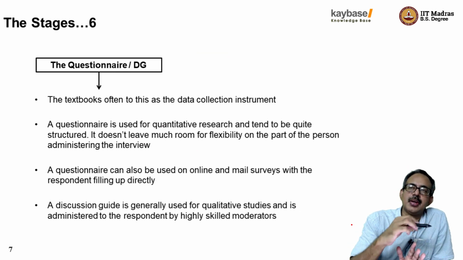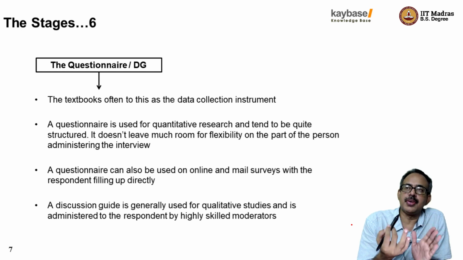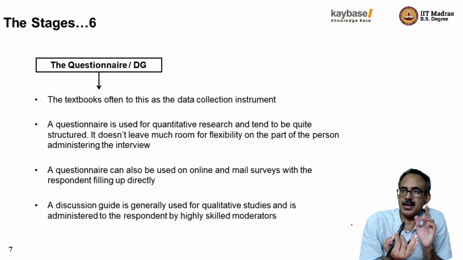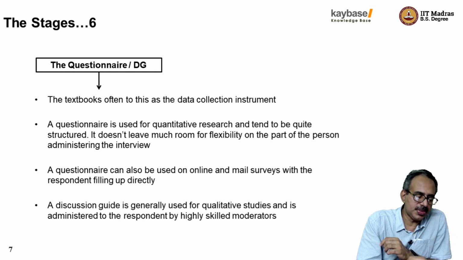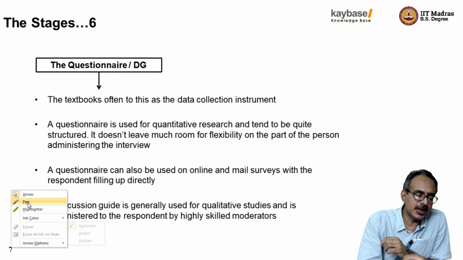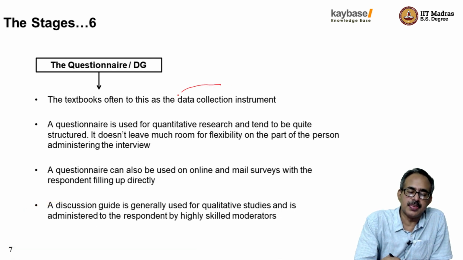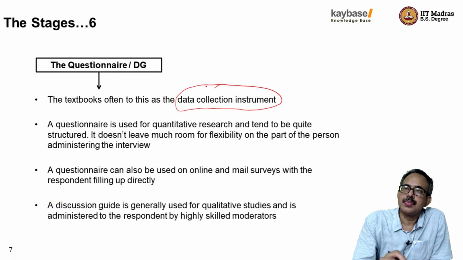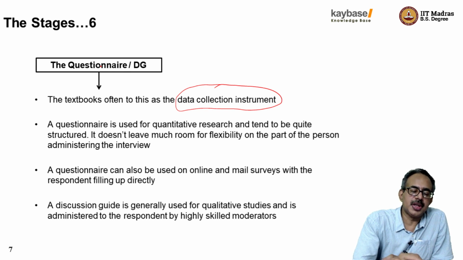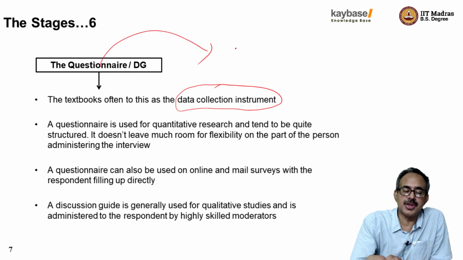So having decided what we are going to find out, from whom, where, and how, we start writing a questionnaire. Market research textbooks will use terms like the data collection instrument. Some textbooks and some academic researchers will talk about the schedule.